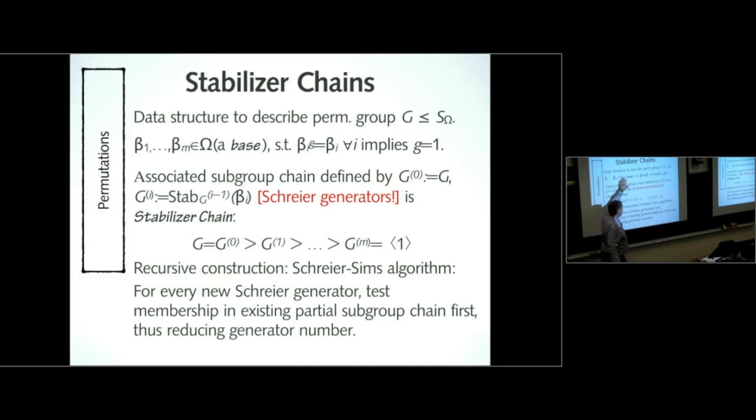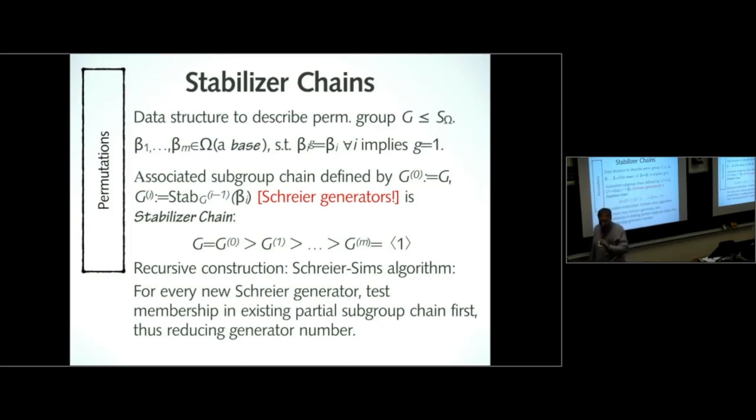Such a set of points is called a base if the only group element which maps every point to itself is the identity. Actually, if your group is the symmetric group, base basically means you have all points but one. Why but one? Because the last one needs to take what is left.